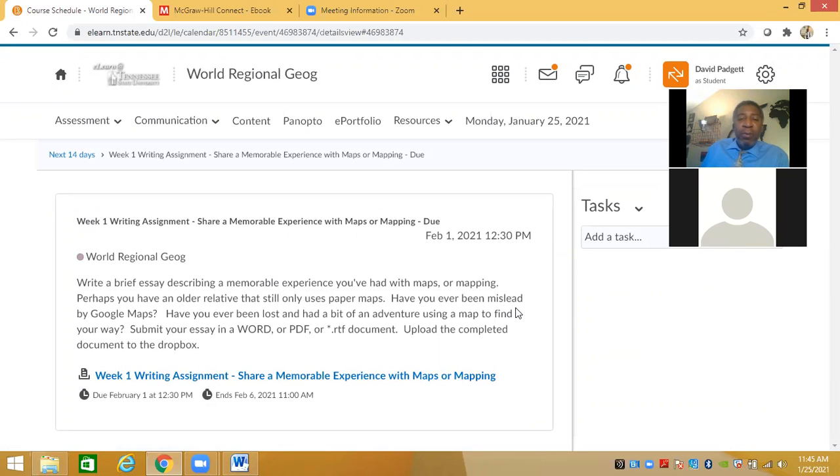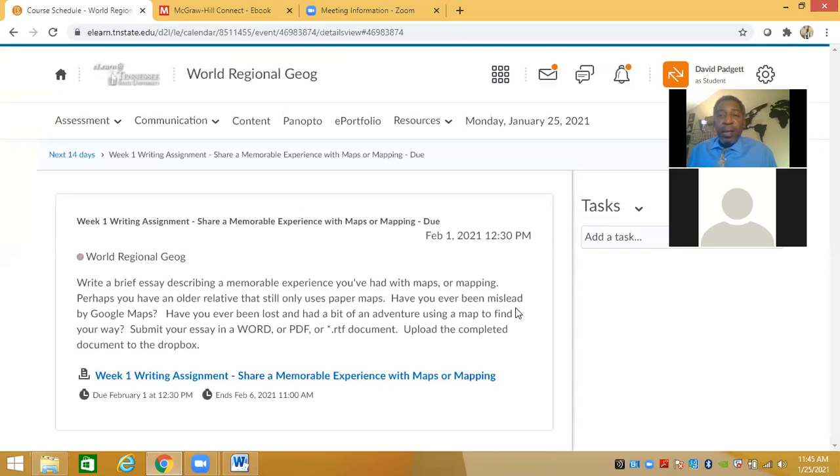Maybe you got lost and had to use a map to find your way out of a hiking trip, or maybe you have someone in your family who's older and only uses paper maps, or who knows.